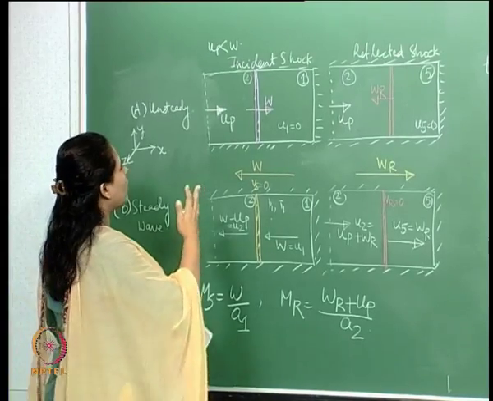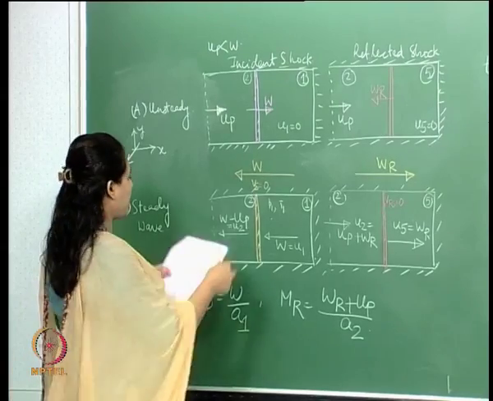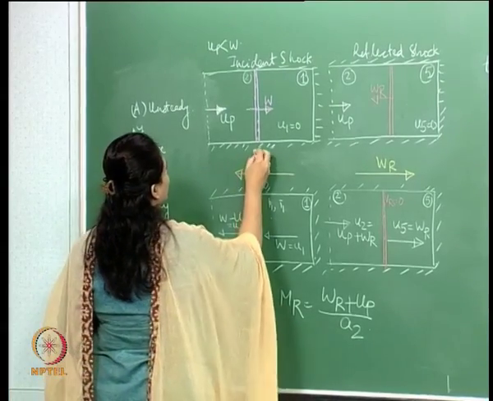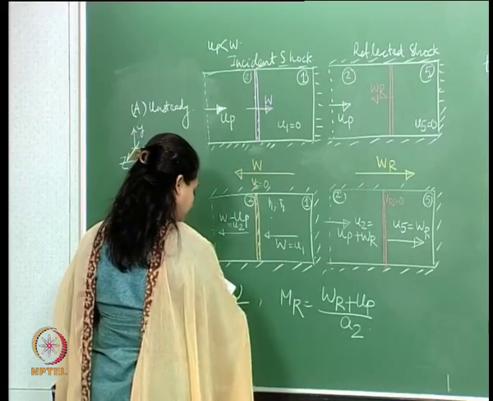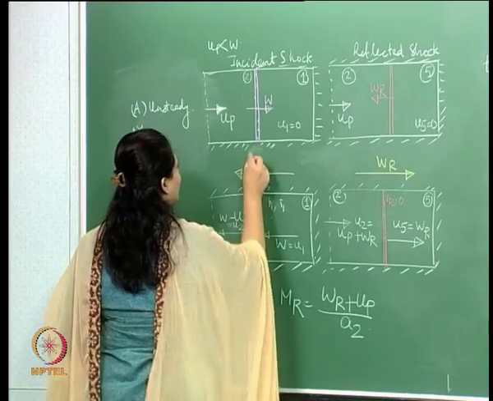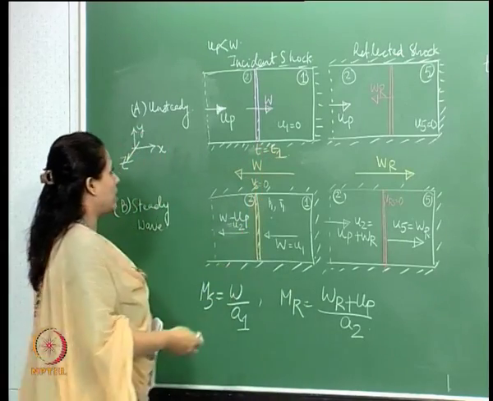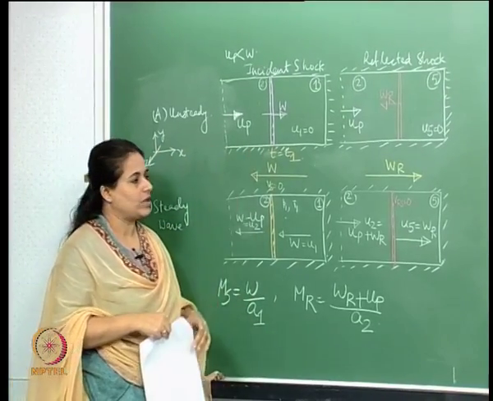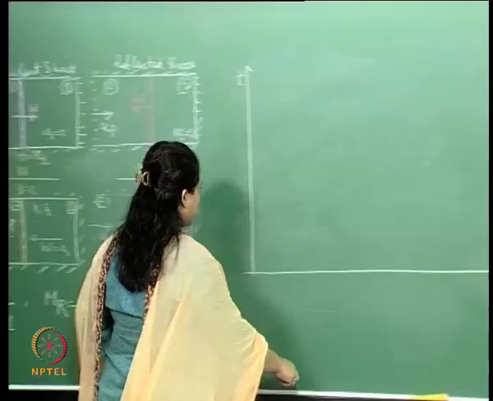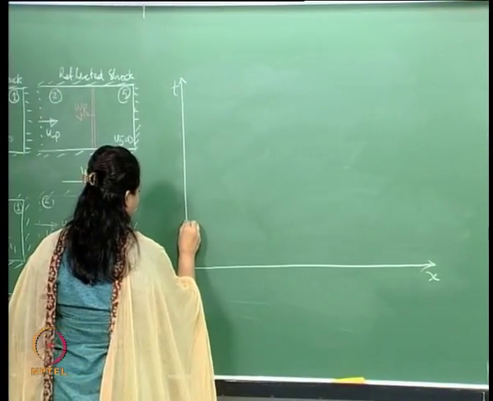So say the shock wave travels for around T1. Let's just say that this picture that we are seeing is at a time T1. So what has happened is that the shock wave has traveled a certain distance.